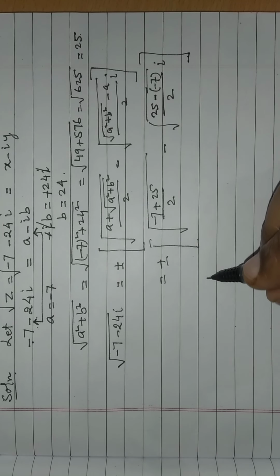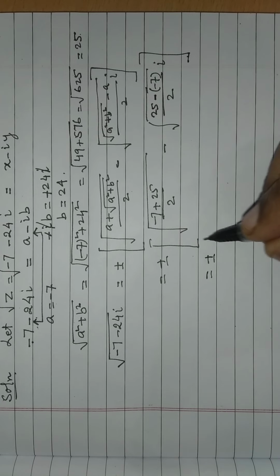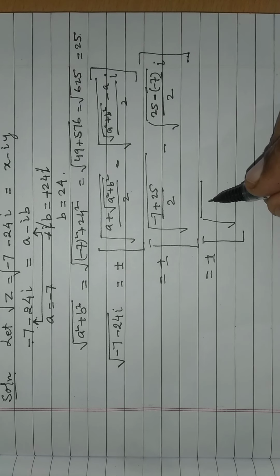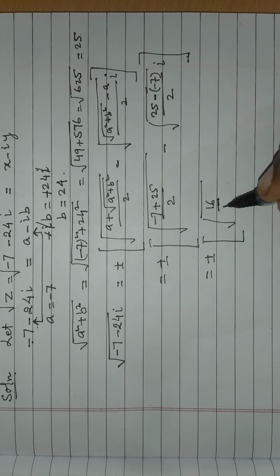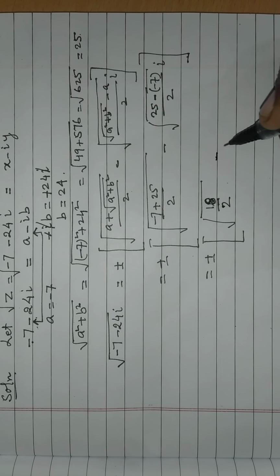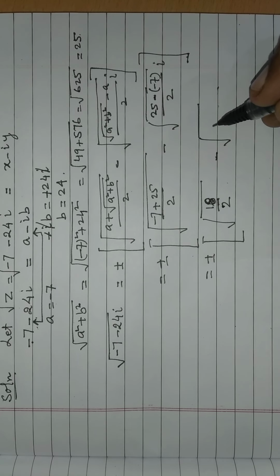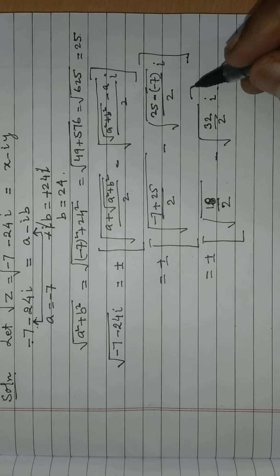So here plus minus root under 18 by 2, minus, and then 25 plus 7 is 32 by 2 i.